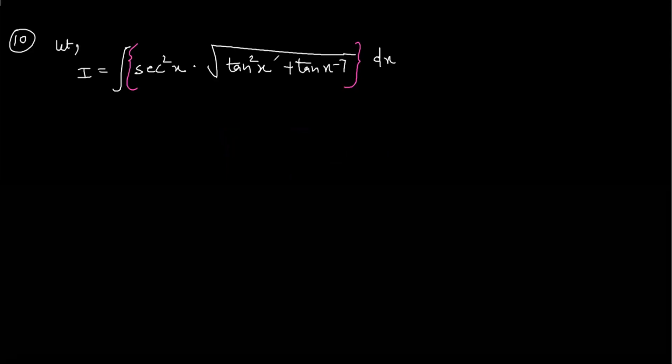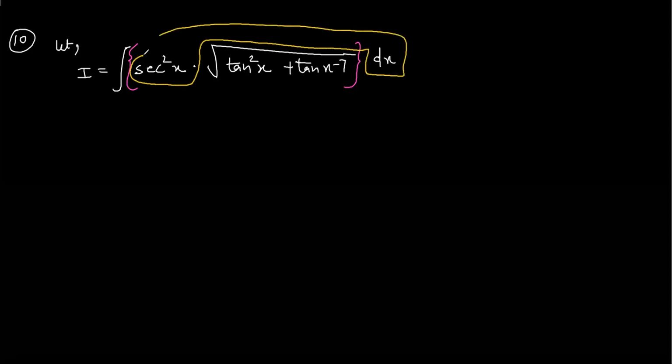Now what I notice is inside the square root, I have terms of tan, but outside I have sec square x. So if I substitute tan x as t, then after that, you must differentiate.